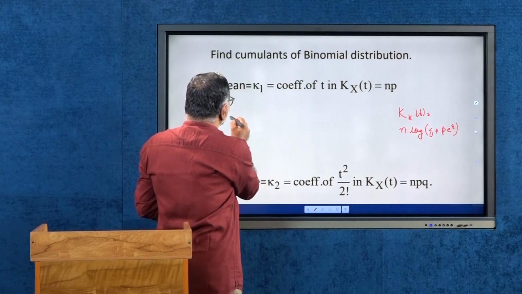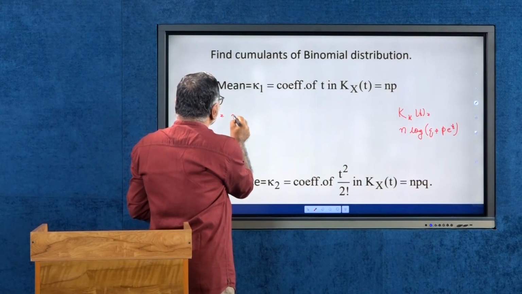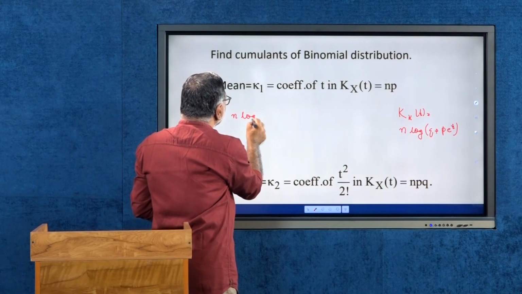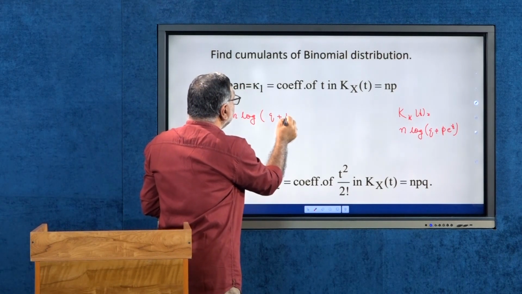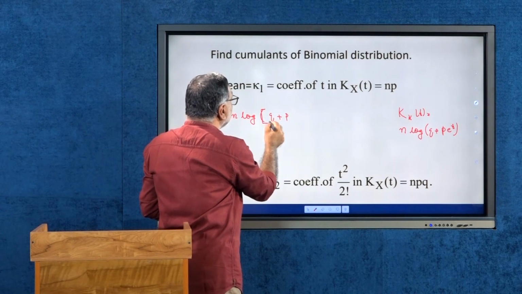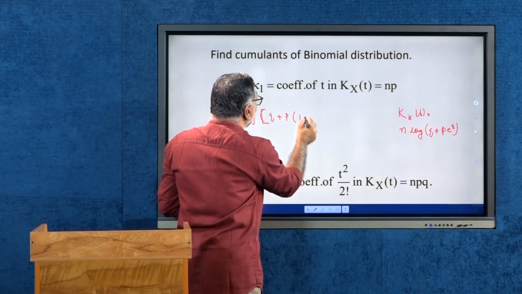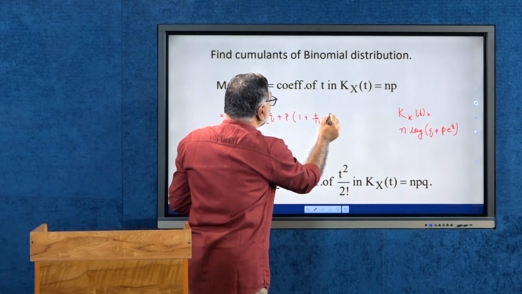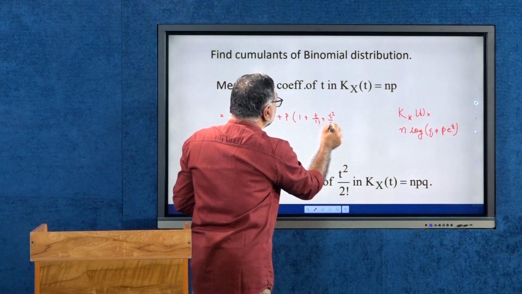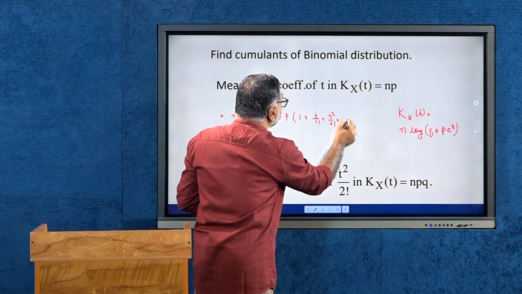This is n logarithm of q plus p e power t, and expanding e power t, this is 1 plus t divided by 1 factorial, plus t square divided by 2 factorial, plus etc.